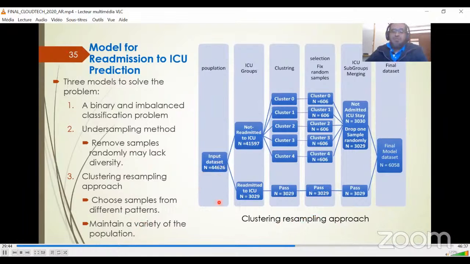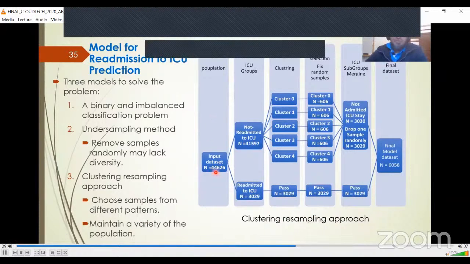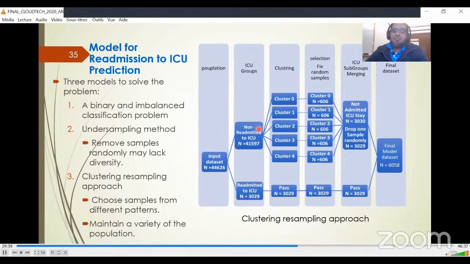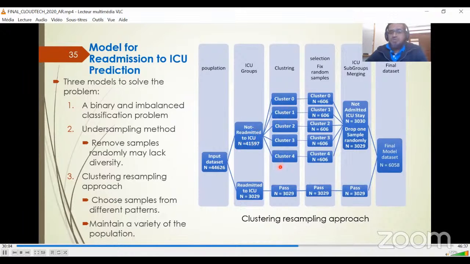Here's the workflow. In the population, we have 44,626 samples. In readmitted, we only have 3,029. We'll do nothing in readmission. We'll pass it until the final step. But for the group no readmit ICU, we are going to cluster the population into 5 clusters, and each cluster will randomly select 606 samples, and after that we'll merge all the subsamples.